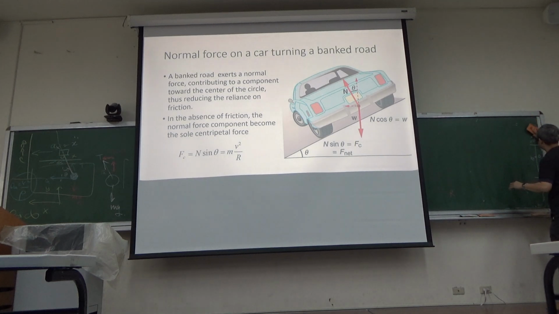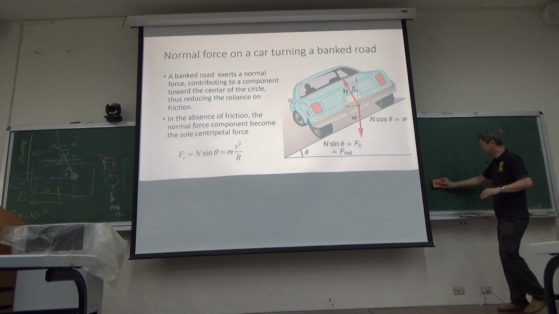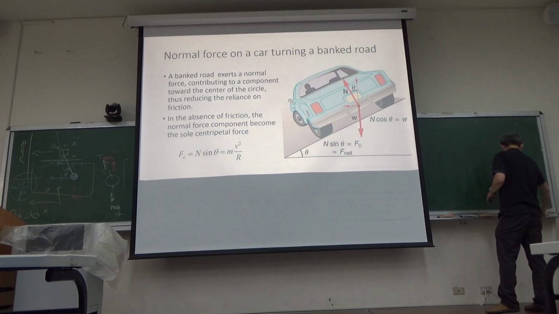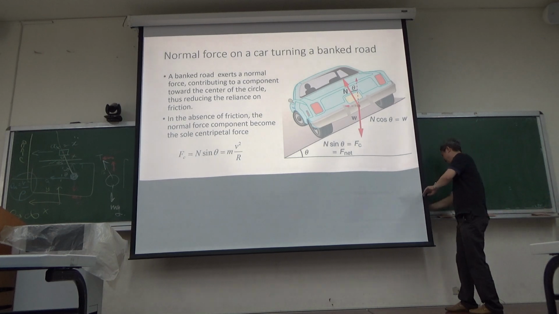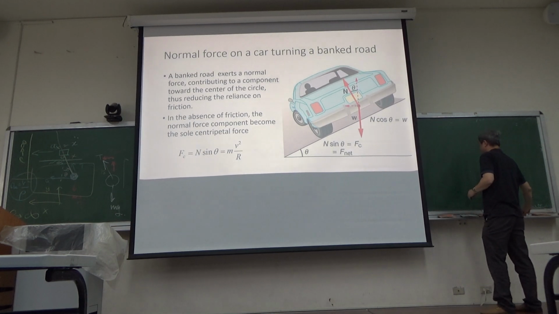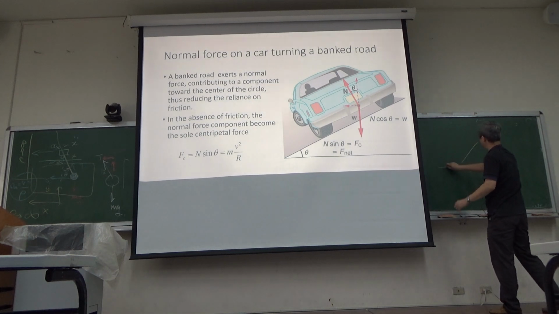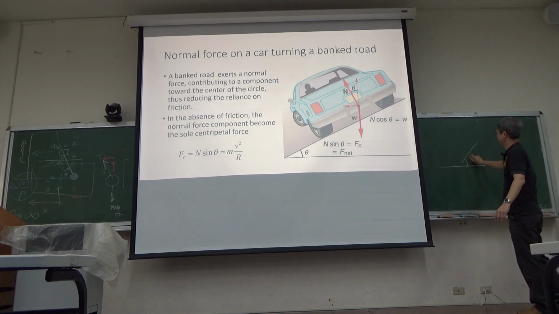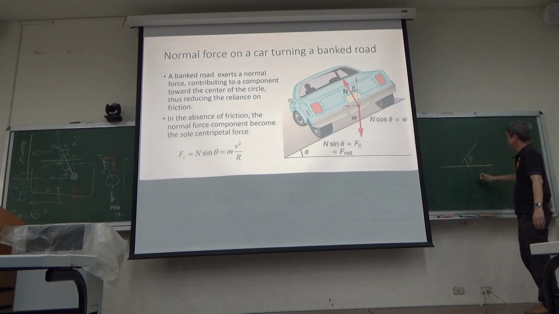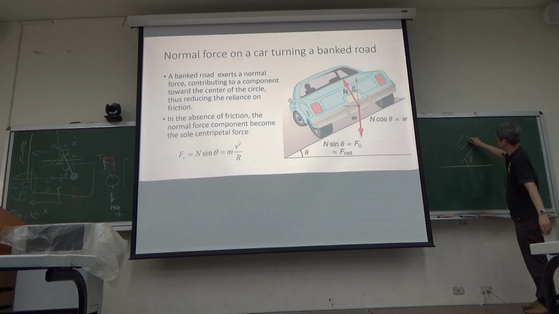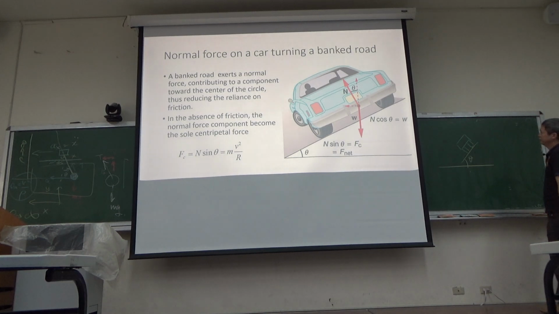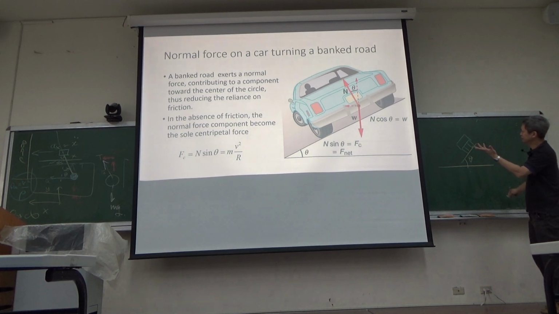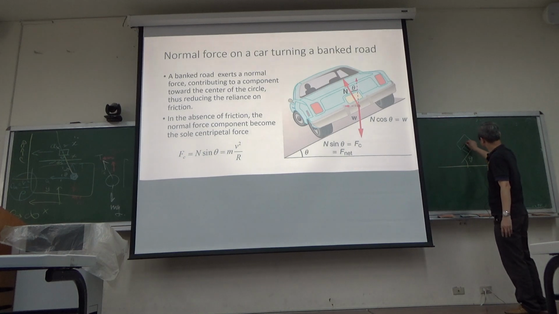Bank turns are quite common, not just for cars, but for all kinds of vehicles. Let's draw that out. Imagine you have a slope with a bank angle theta. On top of that, you have a car with a wheel. Imagine the center of gravity is somewhere here.